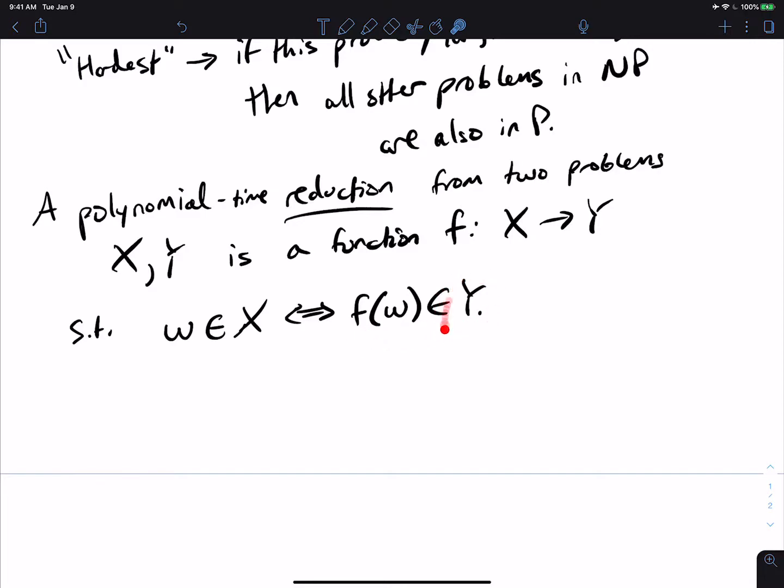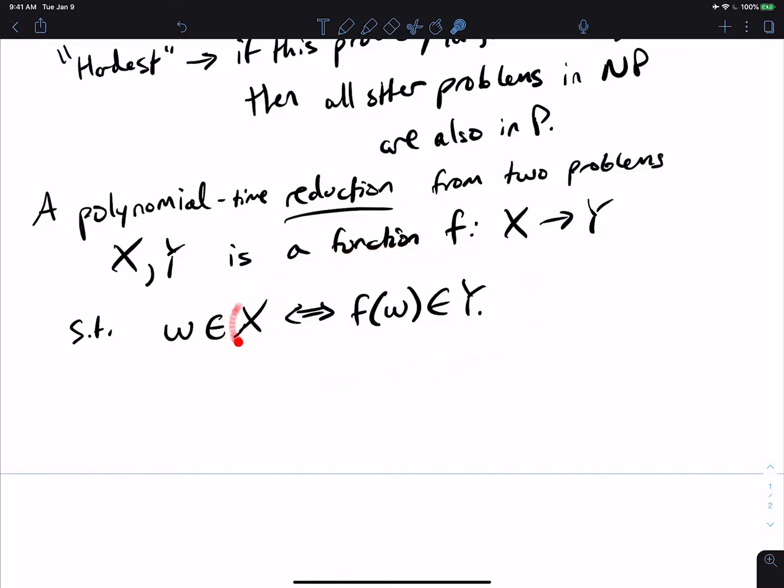So if Y is fast to solve, then X is fast to solve, because the reduction, the function itself to compute f of w, takes polynomial time, and the test of whether it's in Y, assuming that Y is in P, also takes polynomial time. So the whole thing takes polynomial time.